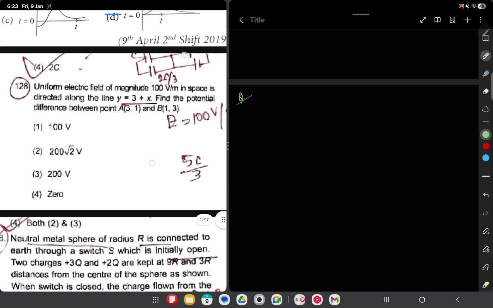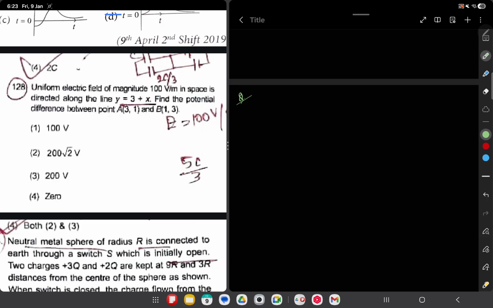A uniform electric field of magnitude 100 volt per meter in space is directed along the line y equal to 3 plus x. You need to find out the potential difference. Y is equal to 3 plus x, so this will be a line. Y is equal to mx plus c. Here c is 3 and m is 1.